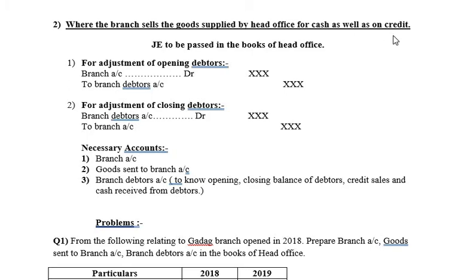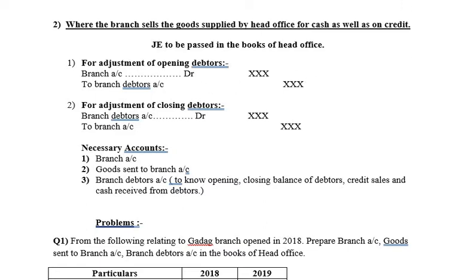But if there is credit being given, then the question arises of the amount of closing debtors. You will prepare the debtors account, and to know the opening as well as closing debtors, you will pass the journal entry. So these are the two additional journal entries which you need to pass in the books of head office only when there is credit being given.